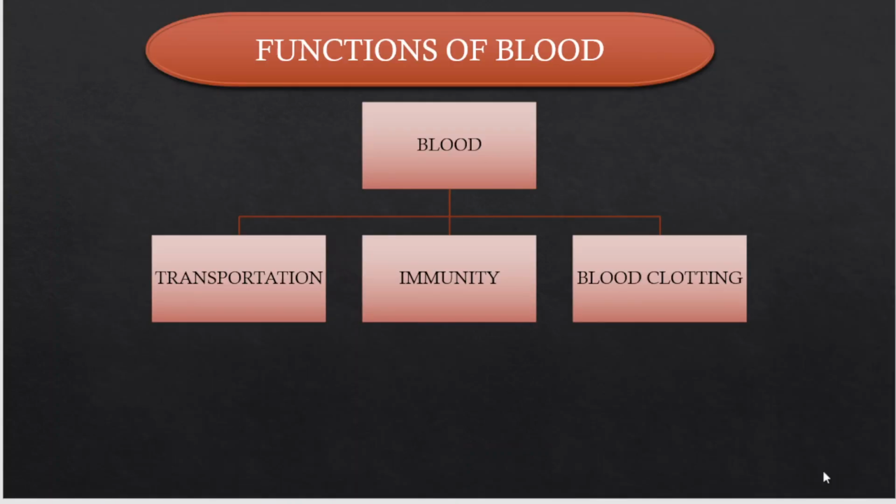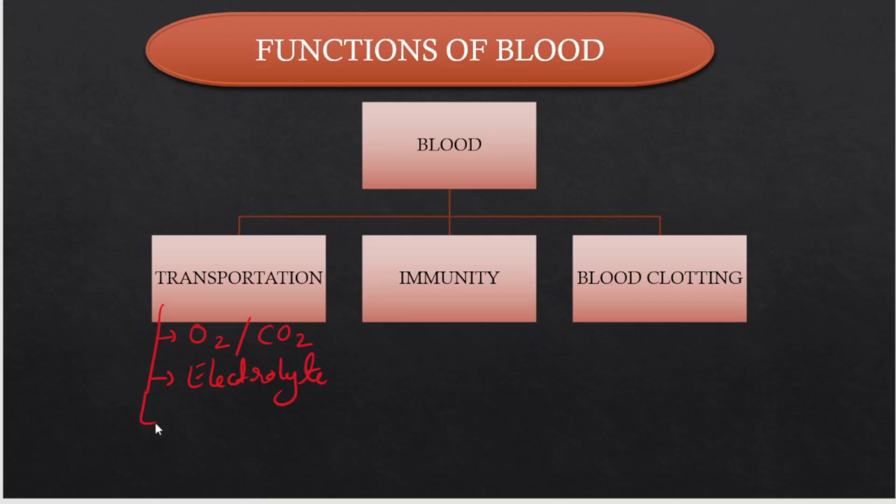So if we summarize the functions of blood, blood has mainly three major functions. First is the transportation. Yes, it transports oxygen and carbon dioxide throughout the body. It transports electrolytes.